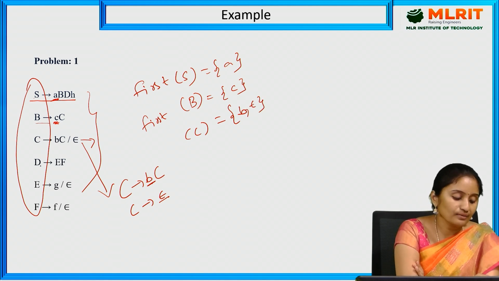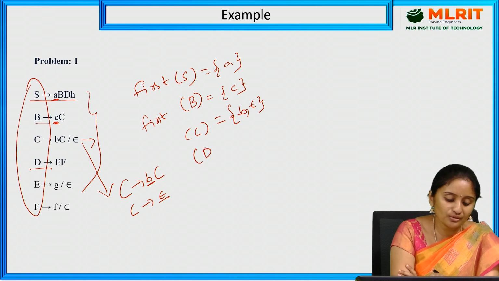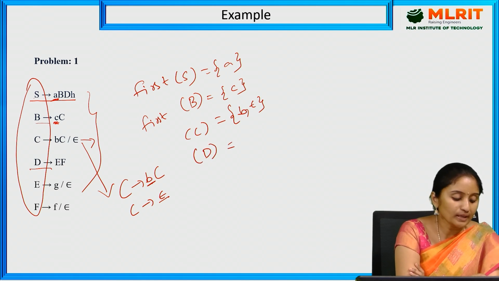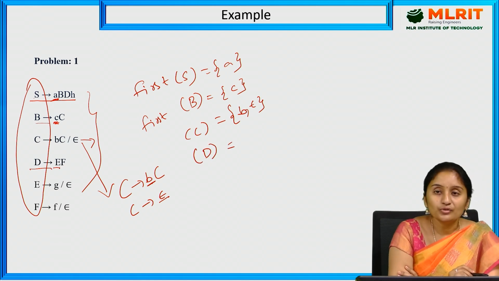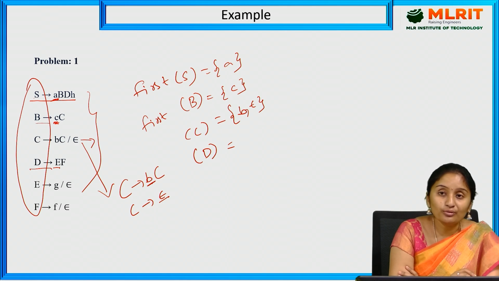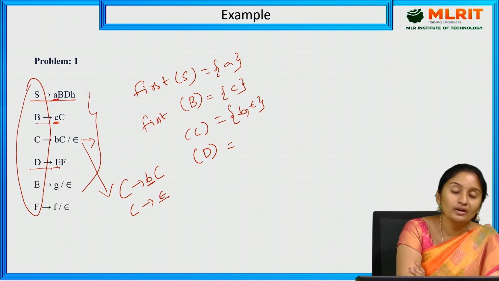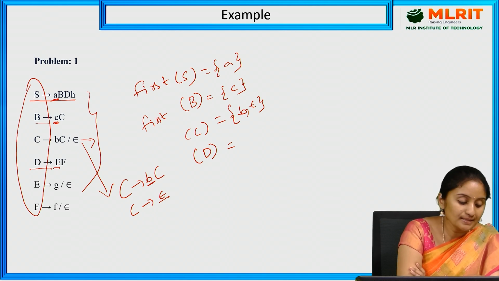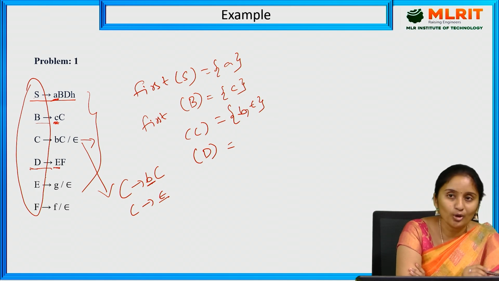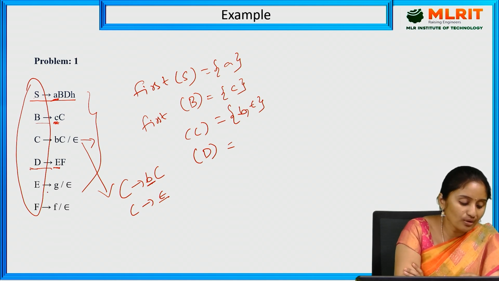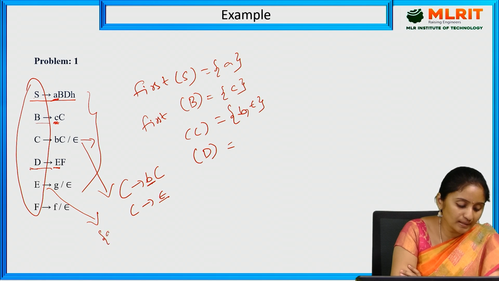The next, what is First of D? First of D: here E is there, and E is a non-terminal, so we need to calculate First of this non-terminal. Now we are going to calculate the First function of these non-terminals. First of E is nothing but G comma epsilon.